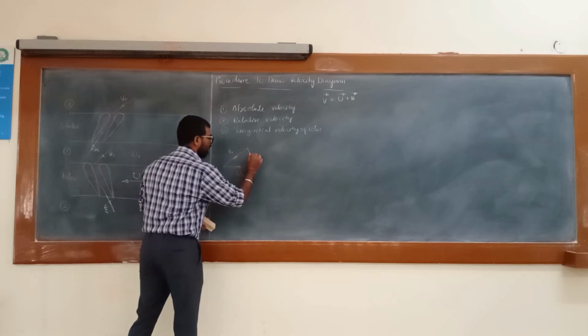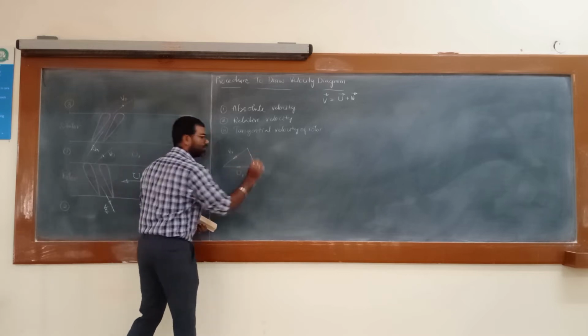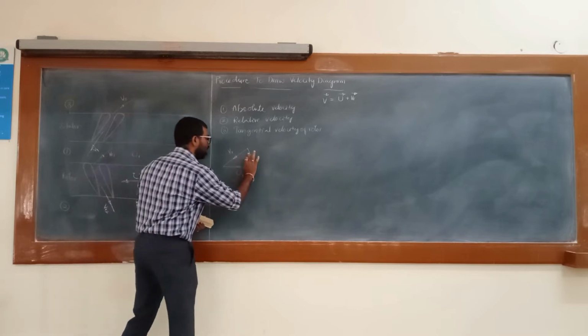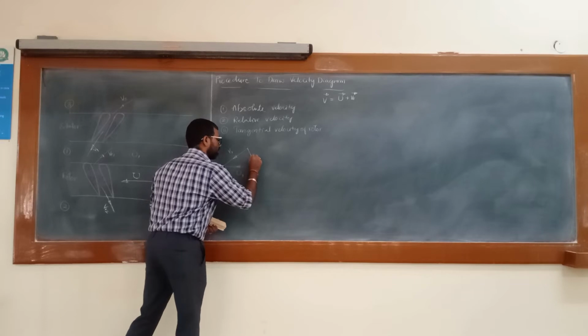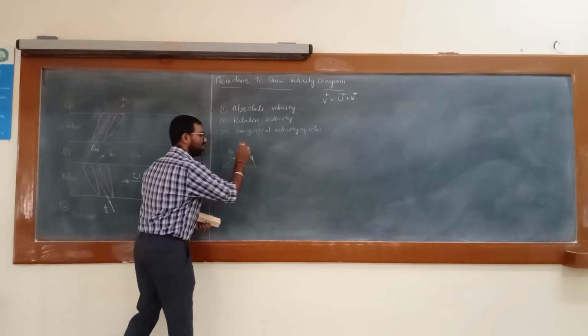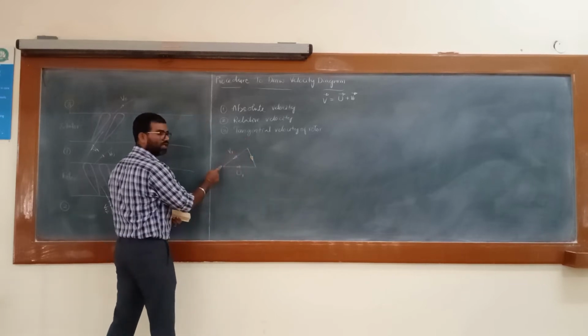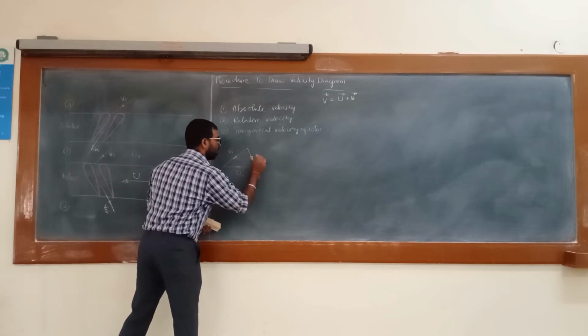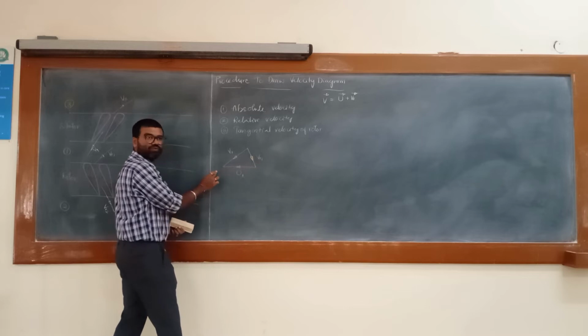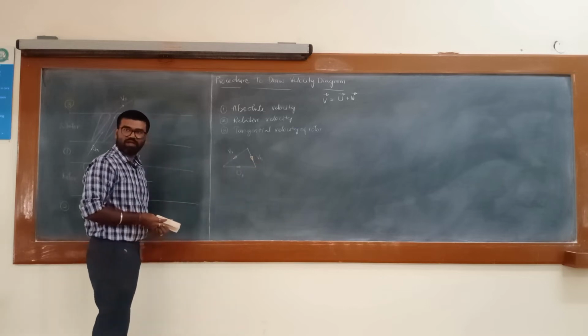It should be like this or like this, and it should be downward. That means vector V is equal to vector VR plus U. This is the velocity triangle.